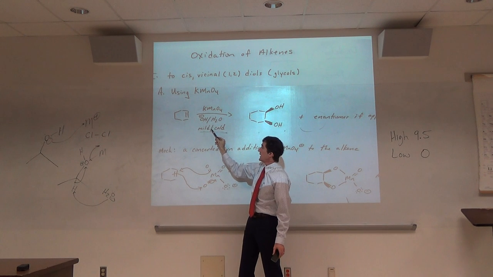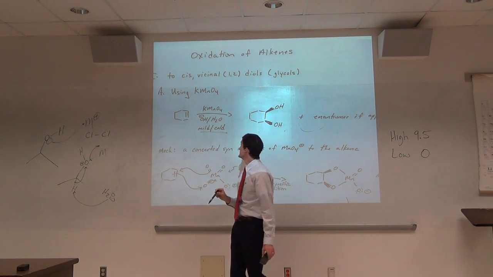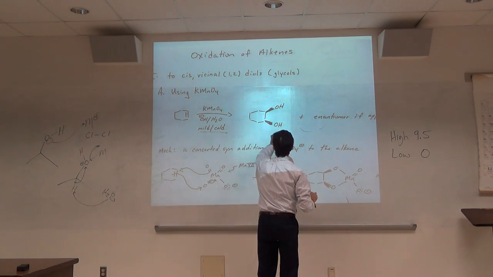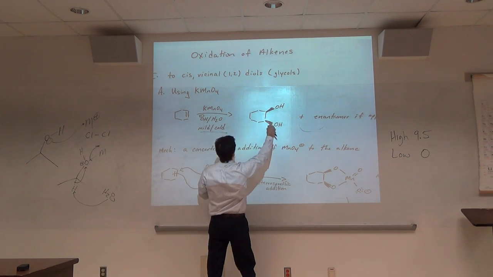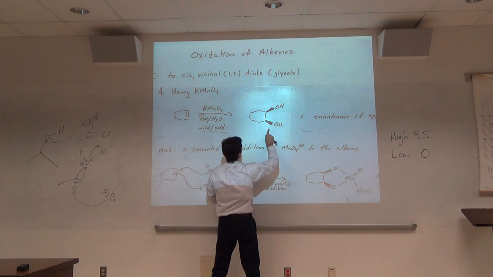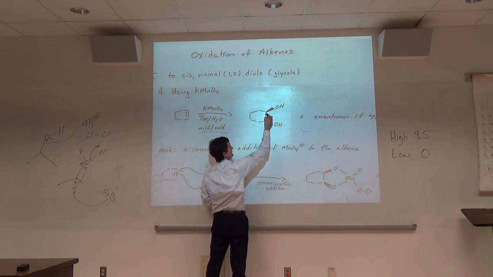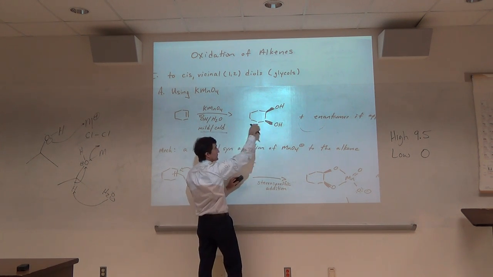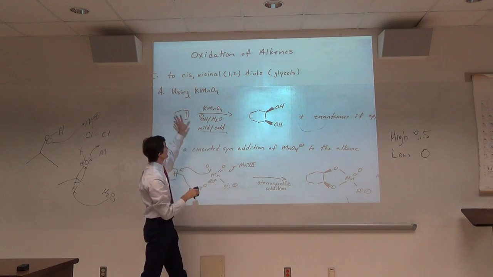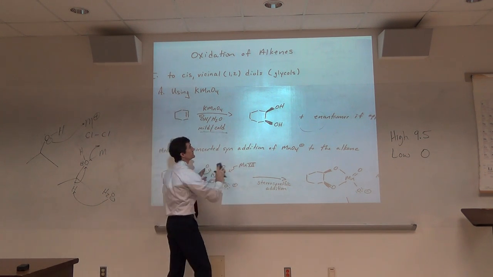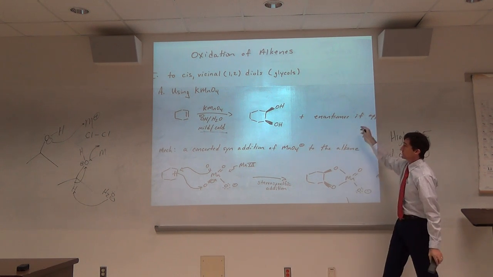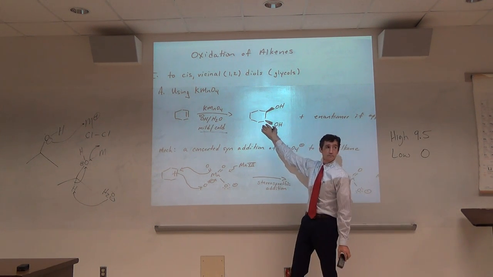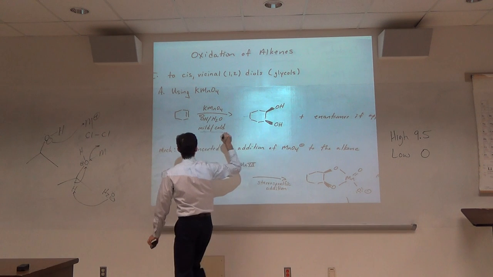So to keep it mild, you use basic conditions. We get a diol. It's vicinal, which typically means 1,2, and it's also cis. That's all in the title there. Now you may also get an enantiomer if applicable, but there's no enantiomer of this, right? No enantiomer.